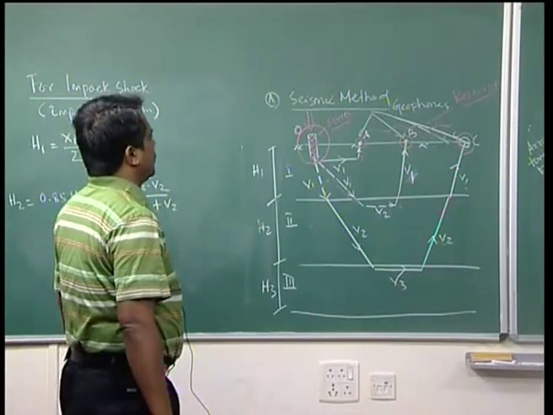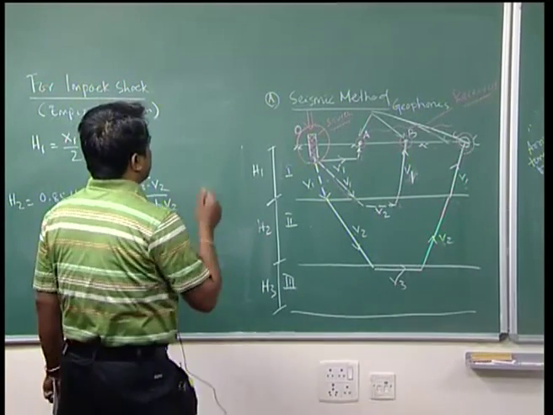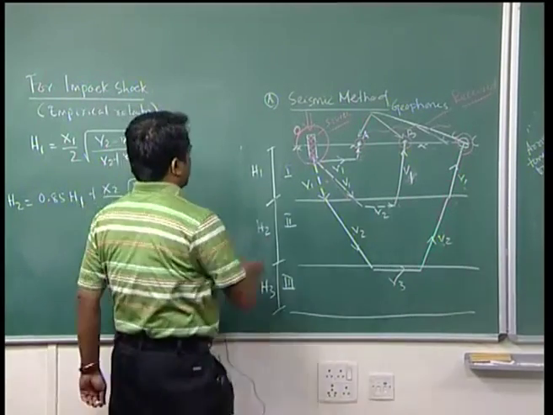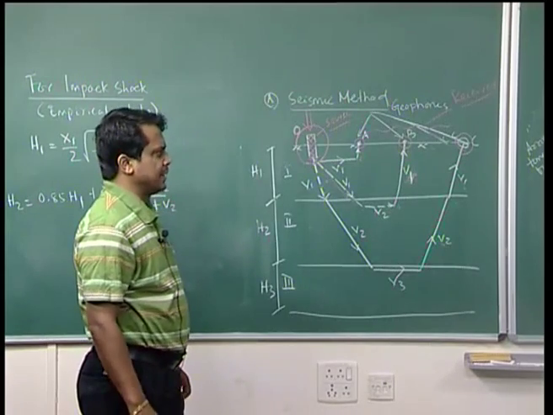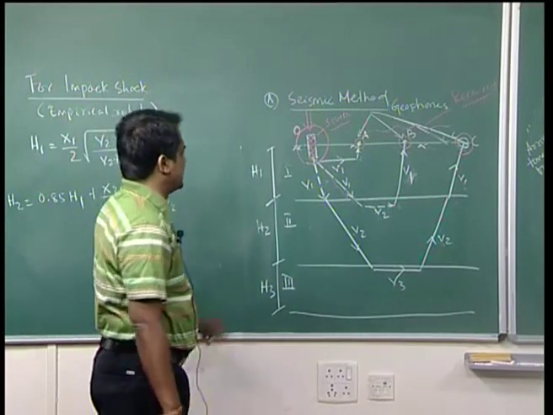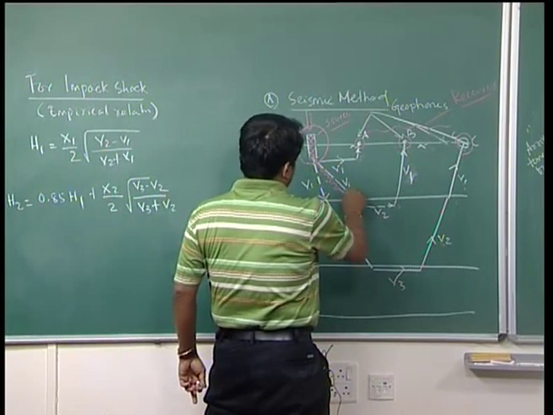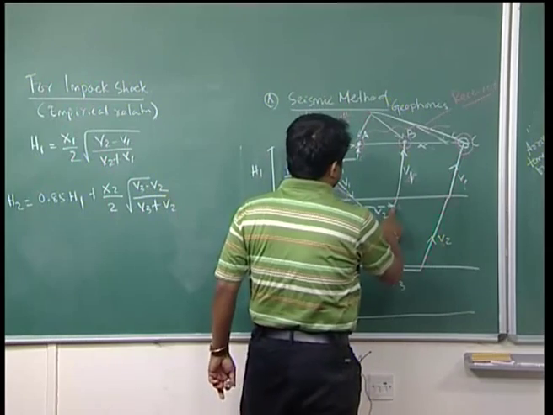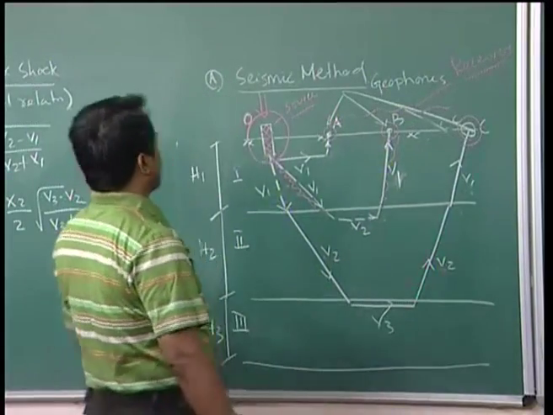So there are two assumptions in this case. One assumption is that the moment your shock wave is generated, it will travel by means of reflection or refraction. That means the wave will be generated, go, be reflected here, again travel, be refracted and go. This is case 1.